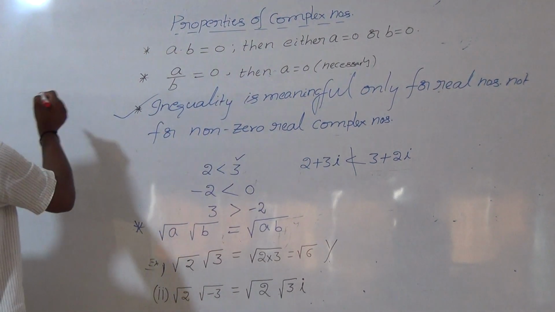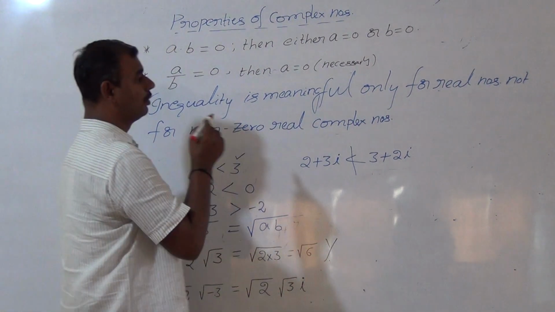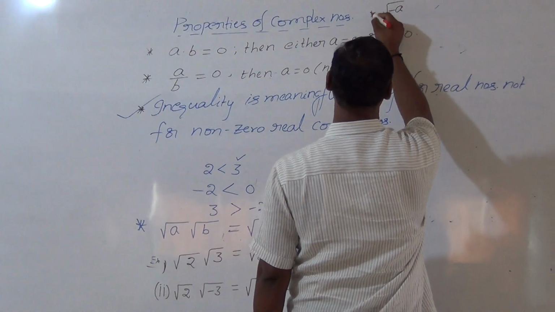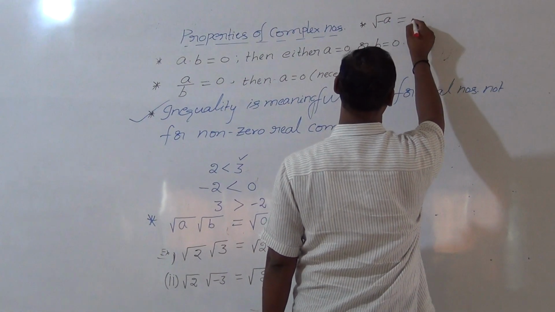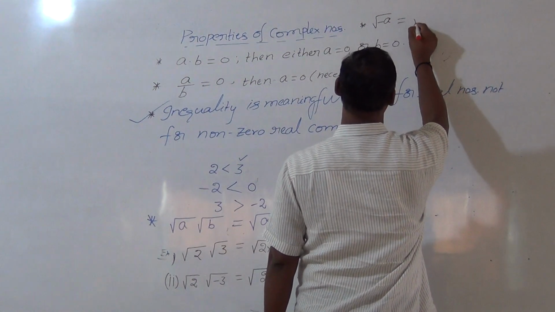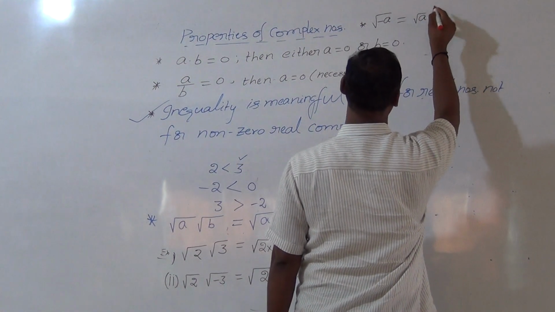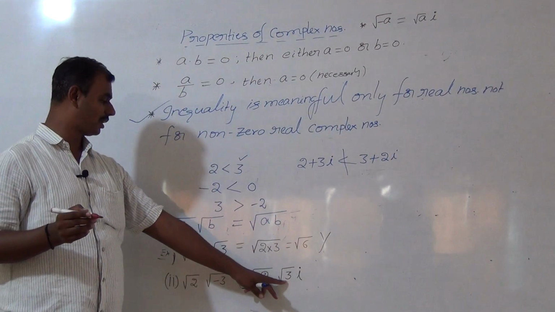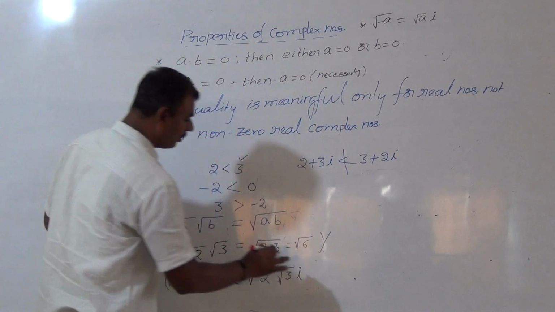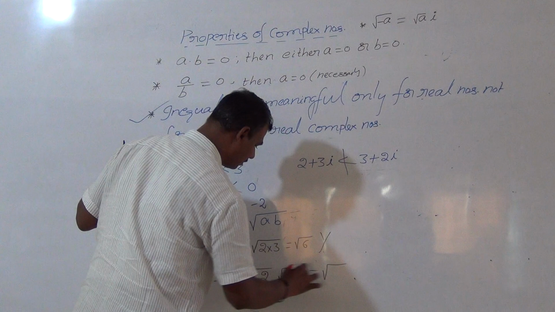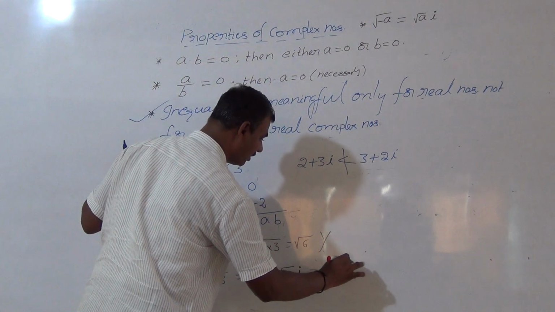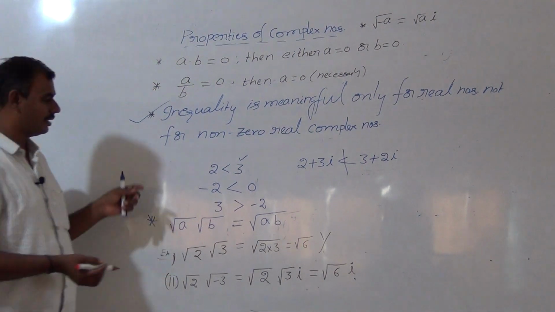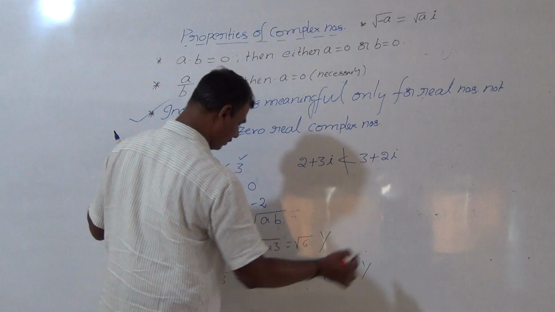Remember this property: square root of minus a is equal to square root of a into iota. So we write root 3 into iota. Now square root of 2 into 3 gives square root of 6 into iota. So in this case, is it applicable? Yes, it is also applicable.